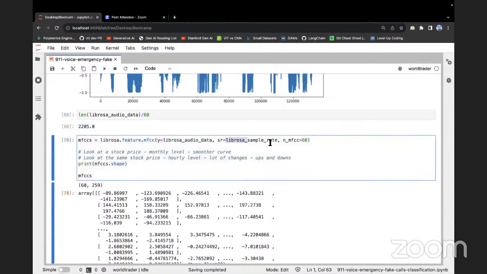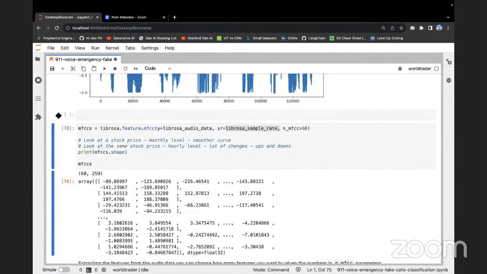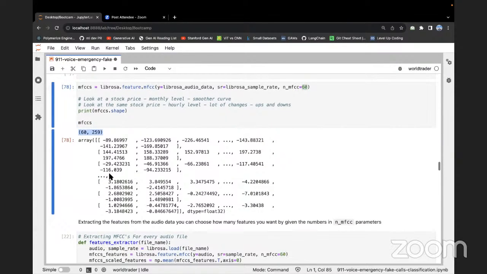Then there is a multiplier with the sample rate that will give you this 259. So with some addition and subtraction, considering the sample rate and the frequency, you get 60, 259. You can see there are 60 rows and in each row there are 259 columns of features coming. Clear, all of you? Can we move forward now?